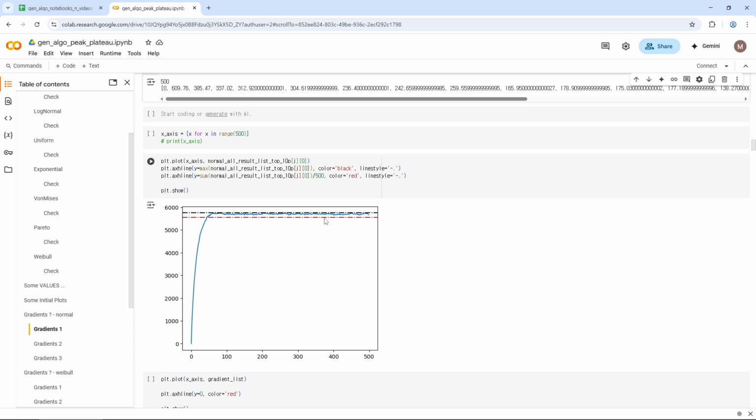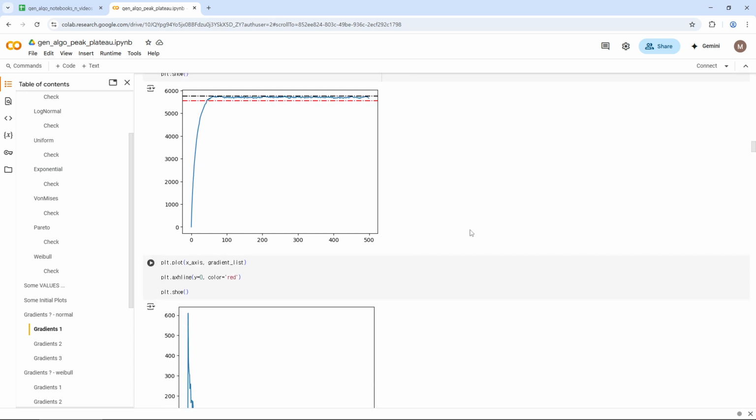As you can see, the black one is not exactly the plateau level, it's slightly above, as by definition it's at max. And the red dash dotted line is below the plateau level, as averaging all of this would mean including this part as well. So yeah, it's obvious.